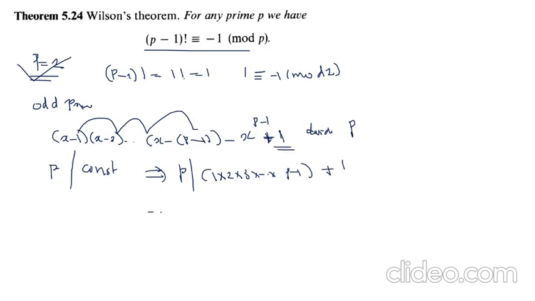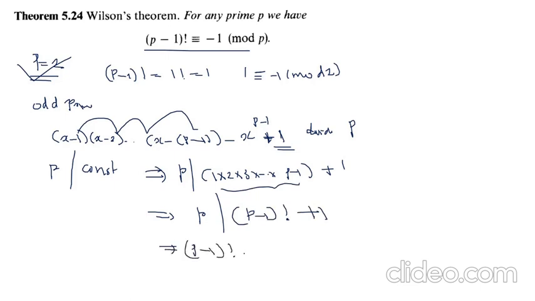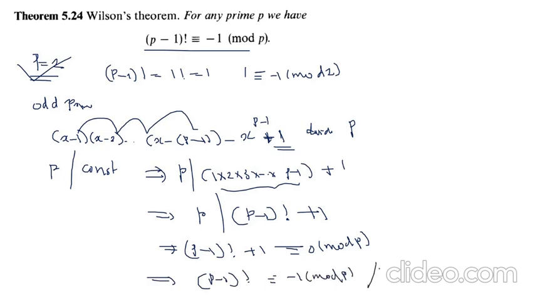Therefore, we will get p divides p minus 1 factorial plus 1, that is, p minus 1 factorial plus 1 is congruent to 0 modulo p. That implies p minus 1 factorial congruent to negative 1 modulo p. This is the proof of this theorem.